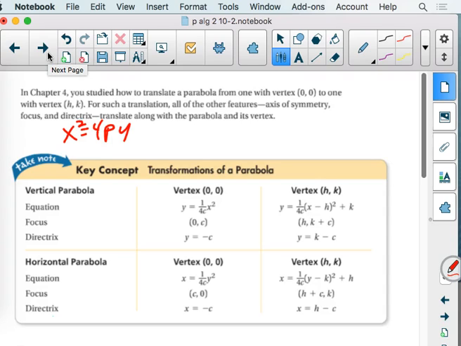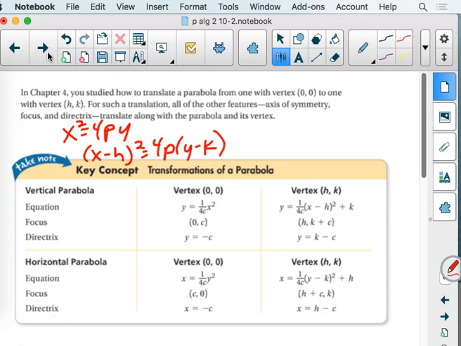If there's an H, a horizontal shift, it has to be attached to the x. And if there's a K, it has to be attached to the y. So this would be an up and down opening parabola that's been shifted H and K units.